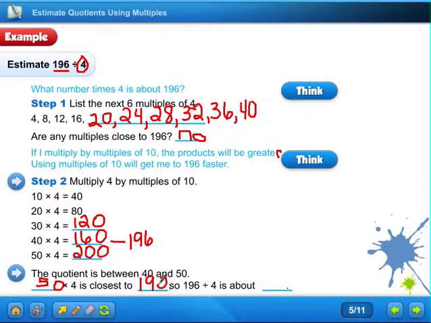Oops, sorry. So 196 divided by 4 is about 50.